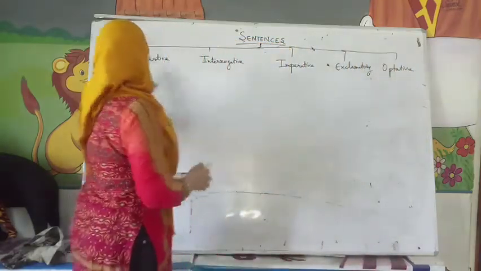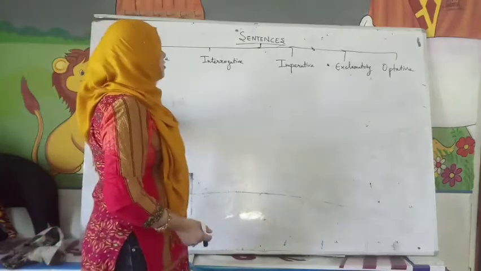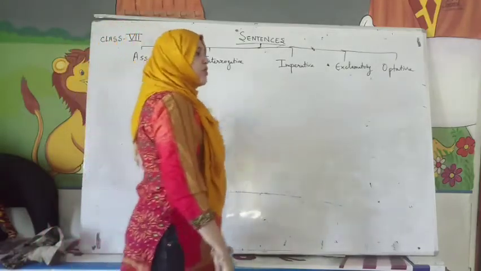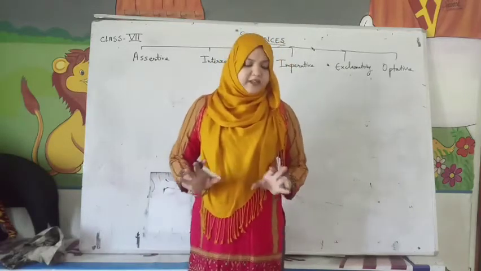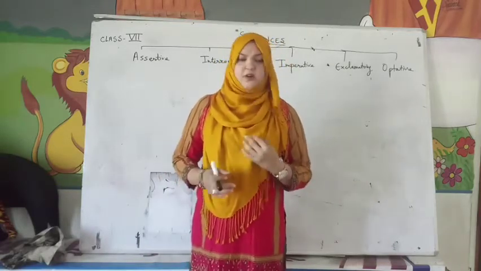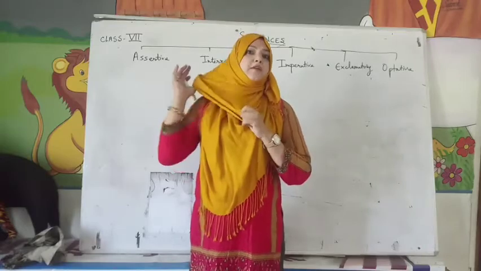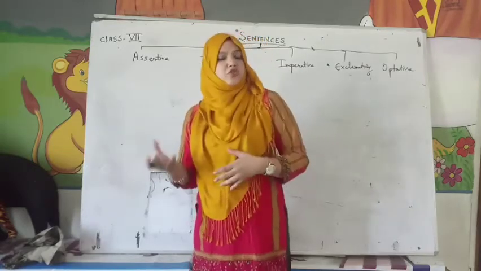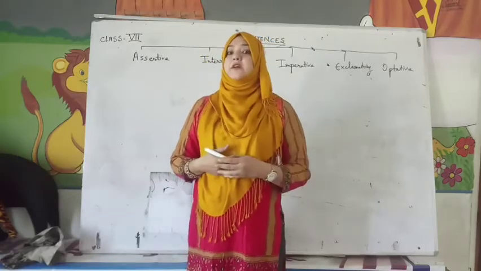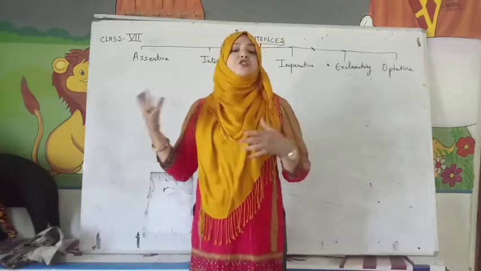Alright? Now, assertive sentences, which are also called declarative sentences, are simple sentences. Okay? They are like, I am a girl, I am a teacher, my name is Shubhi Fatma, and this is a book.